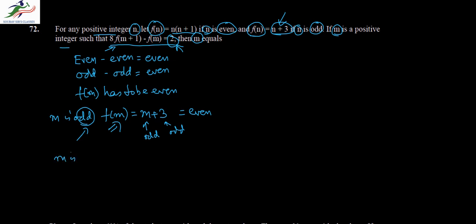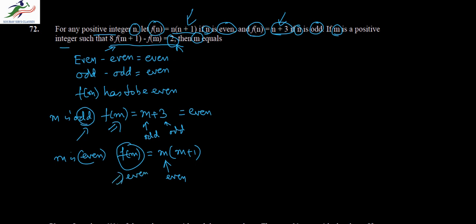And if m is even, then f(m) will follow this formula, that is m into m plus 1. Now since m is even, f(m) will be even. So again f(m) becomes even. So whether m is odd or even, f(m) will always be even. Therefore we cannot specify whether m is odd or even to start with.